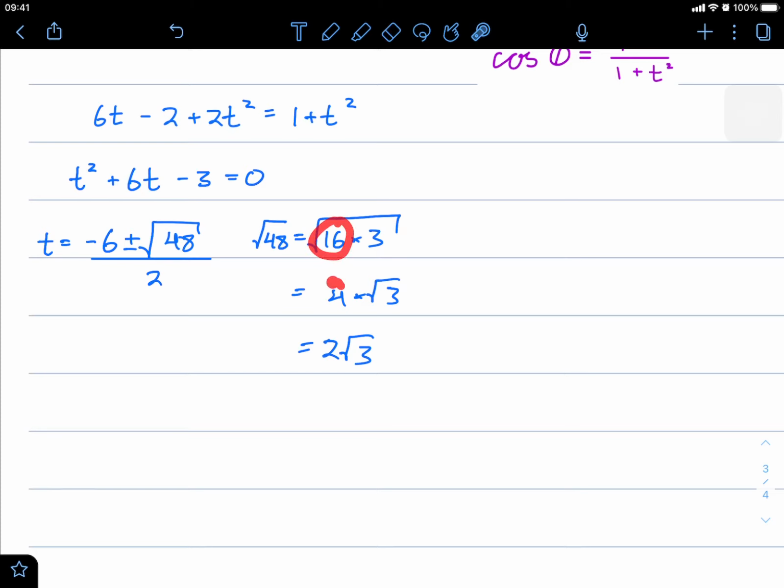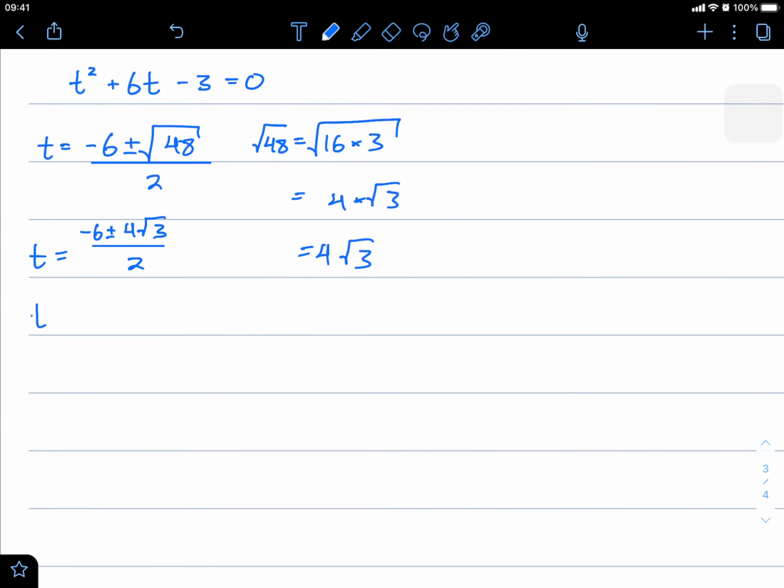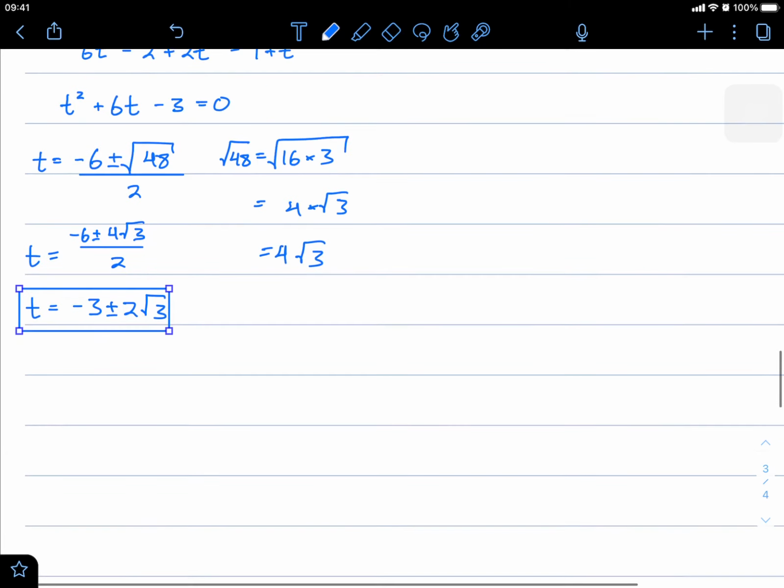Square root 16 is already 4, so it's 4 root 3. So t is equal to negative 6 plus or minus 4 root 3 all over 2. Simplifying this further, we get negative 3 plus or minus 2 root 3. These are our solutions for t.